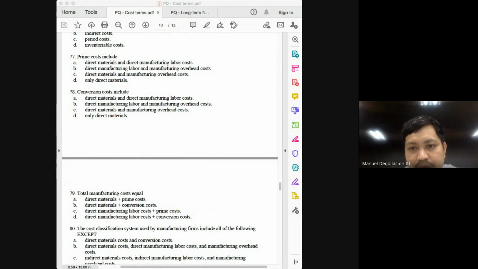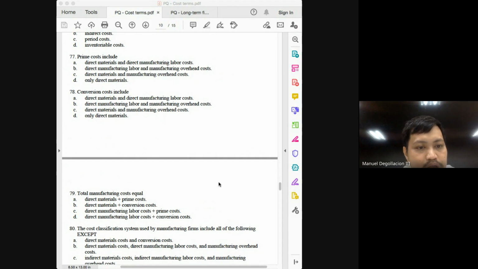Letter D is wrong because of duplicated direct labor and missing direct materials. That is why I always have to remind students, your total product cost is not equal to prime cost plus conversion cost. Your total product cost is materials plus labor plus overhead. But it's not prime cost plus conversion cost, because if you do that, you are duplicating your direct labor.